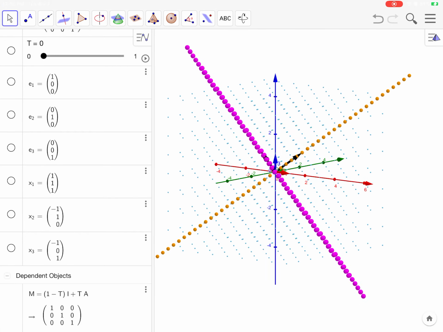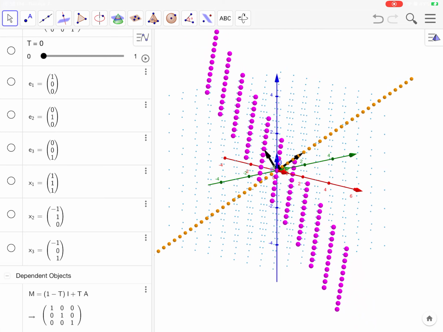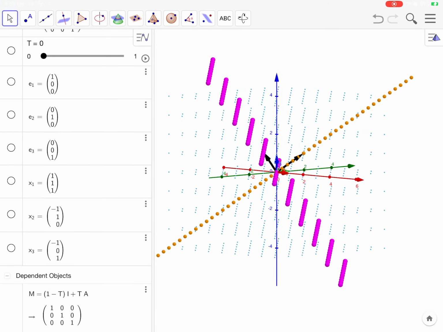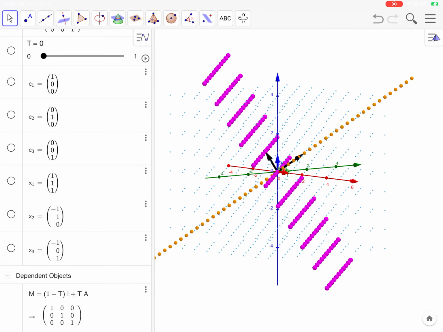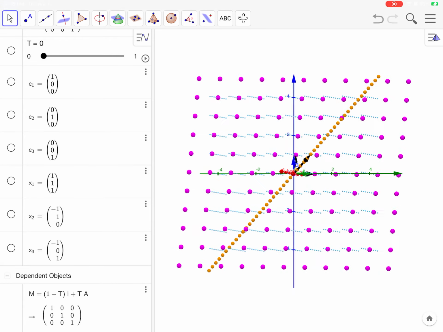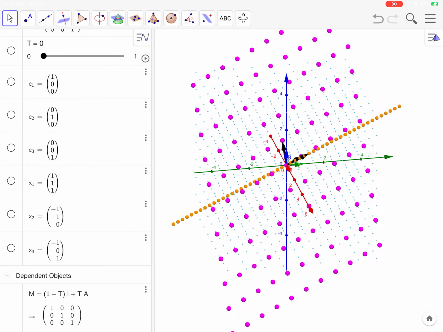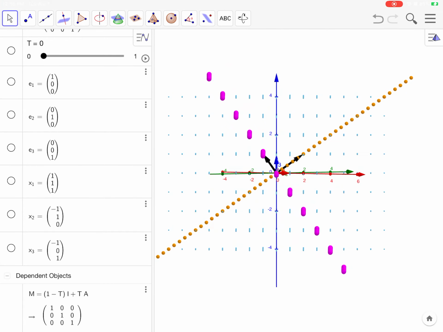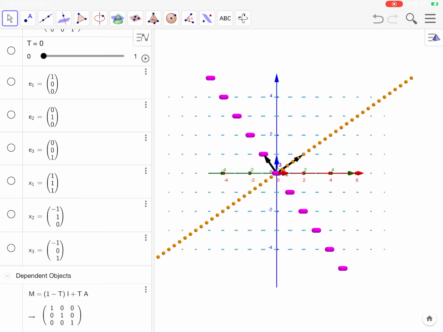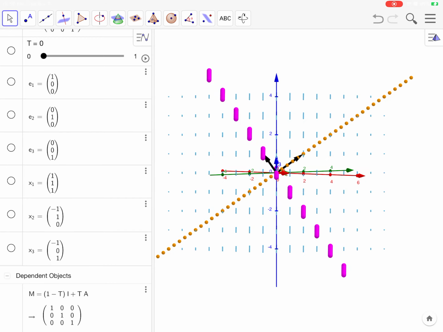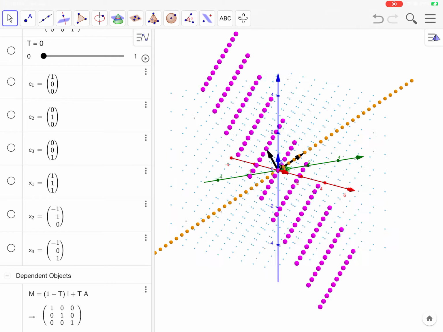And just overall, maybe try to do this from a couple of different angles, but there's little tiny blue dots all through this. They're arranged in just a square lattice, and I know it's a lot to look at, but I put those there just so that you could get a sense of how all of space tends to either move towards or kind of move away from these eigenspaces.